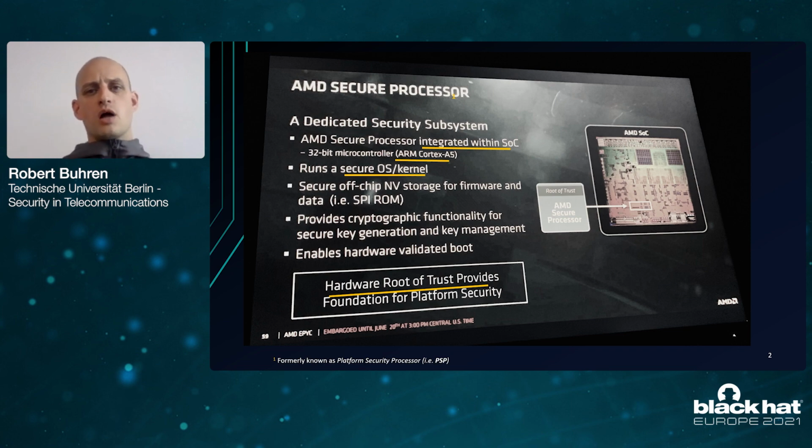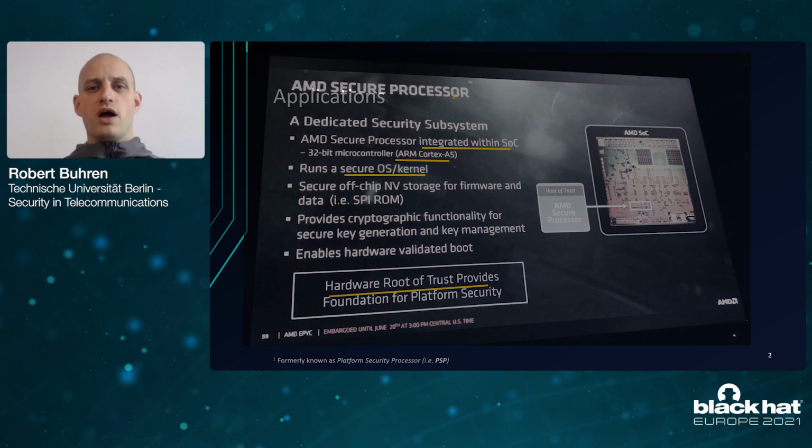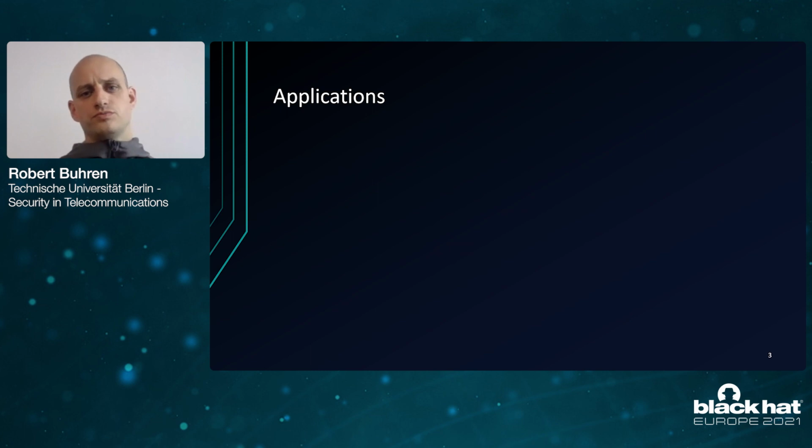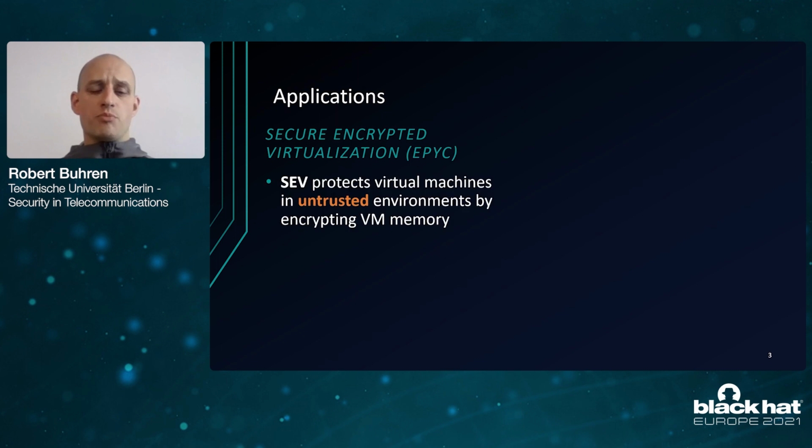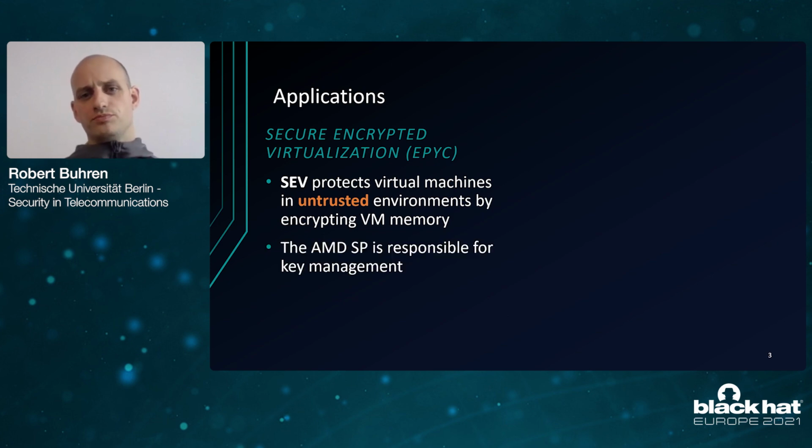There are several applications that you might know that depend on this secure processor. On the server side, we have the secure encrypted virtualization technology, or SEV. This is present only on the Epyc server CPUs. SEV aims to protect virtual machines in untrusted environments by protecting their memory.